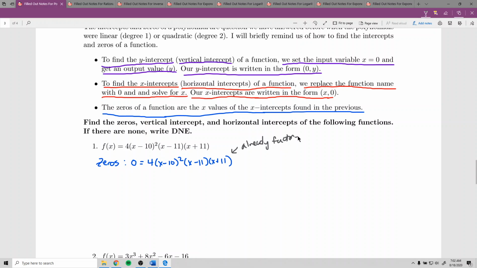What I would do here, since the thing out front doesn't have an x in it, it's just 4, just divide by 4 and get rid of it. That's my preference. You can leave the 4 there, it won't affect your answer at all, but I just prefer not to have anything in front if there's no x's.